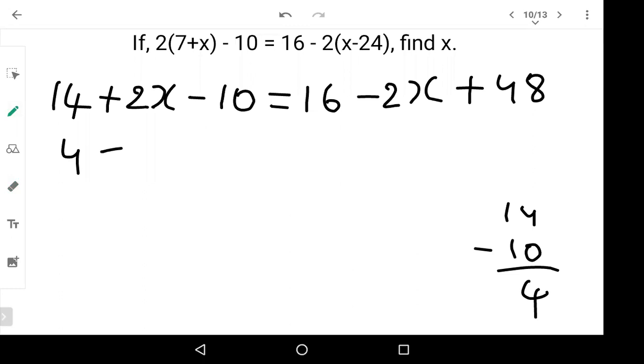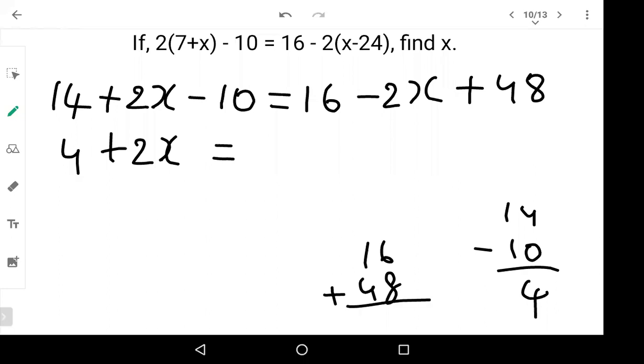So 4 plus 2x is equal to 16 plus 48. 16 plus 48 is nothing but 64. Okay, so 64 minus 2x.